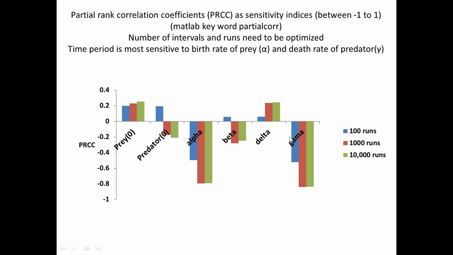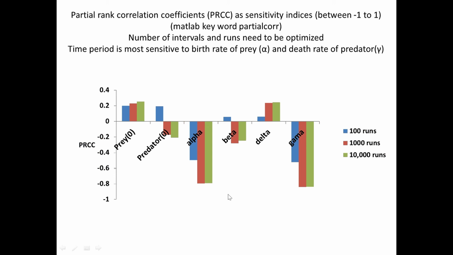These results are different from what we obtained before with the local sensitivity analysis, because with local sensitivity analysis the answer depends on where you start from and how much you increase. But in global sensitivity analysis, the answer depends on how much is the range over which the parameter is varying.